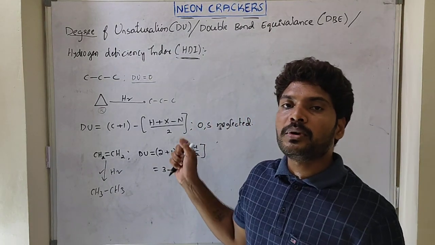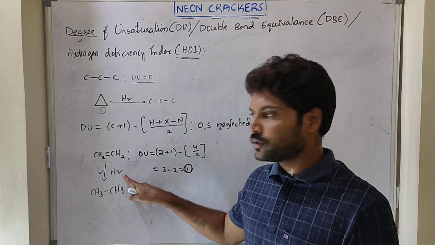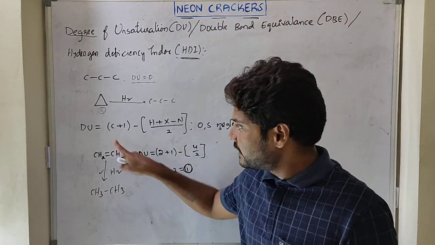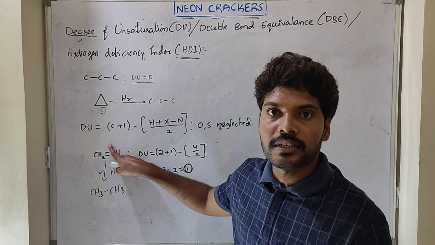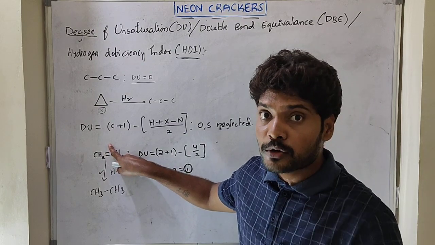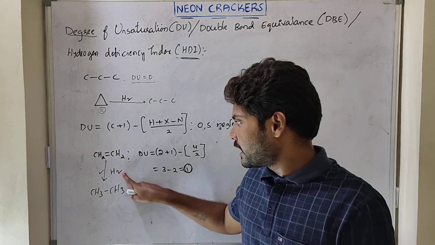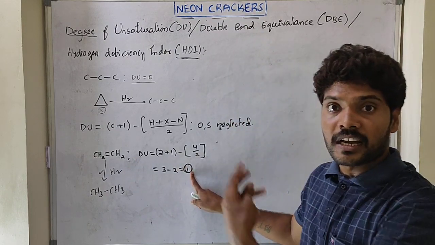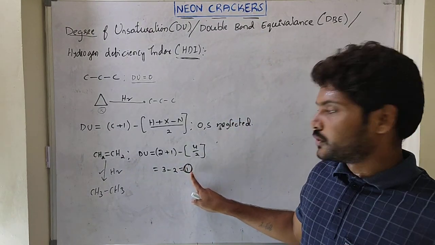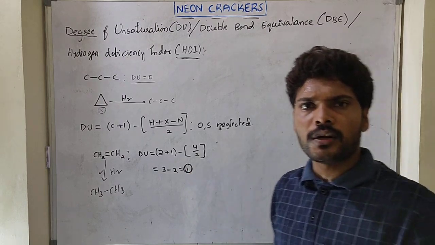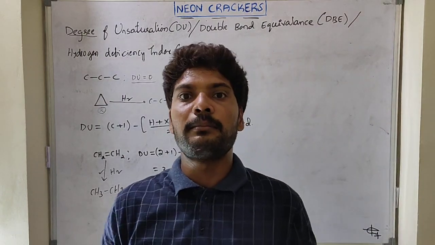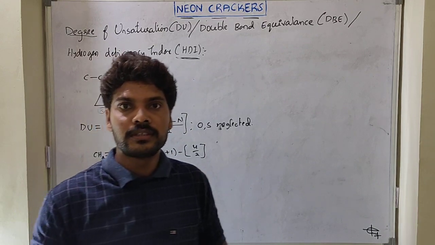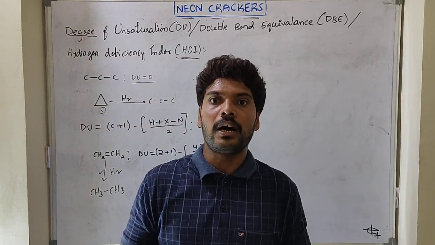So there is a probability of reacting with hydrogen molecule to produce a saturated compound. Then the compound is said to be an unsaturated compound. But how many hydrogen molecules are required? One hydrogen molecule is required. So what is the degree of unsaturation? 1. So 1, 2 or 3 indicate the number of hydrogen molecules required by the unsaturated compound.